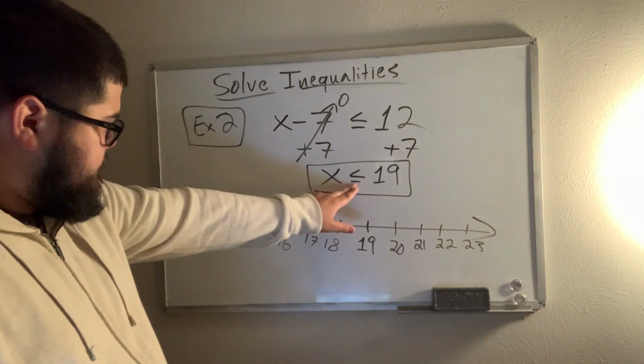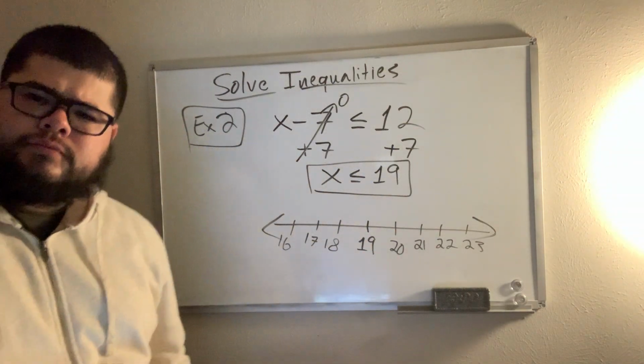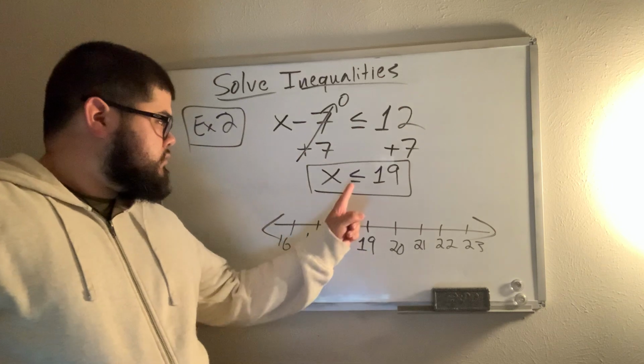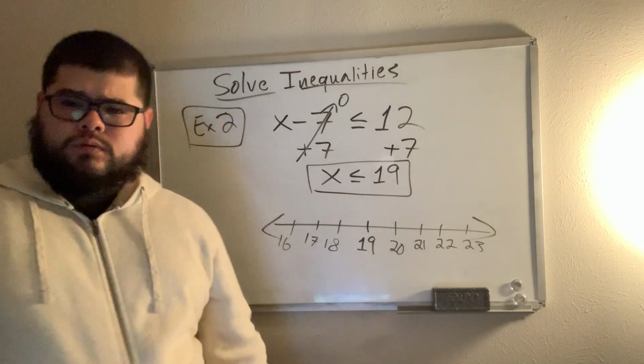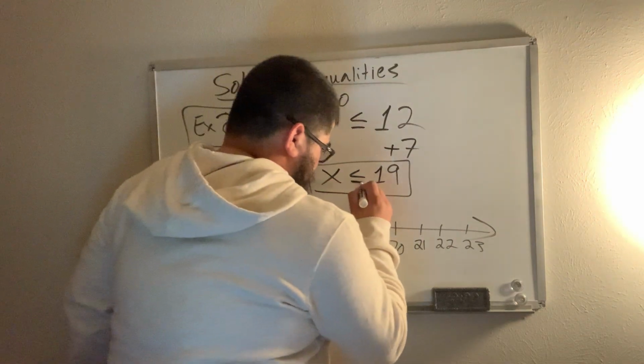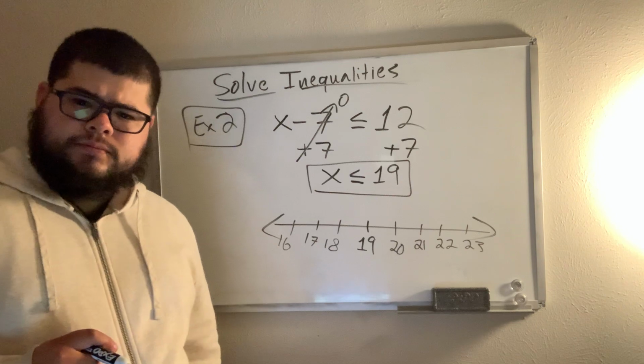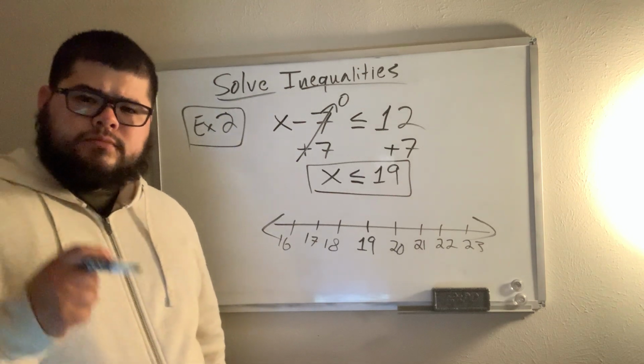Now, look at our symbol. What symbol do we have? Less than or equal to. Does that tell us an open circle or closed circle? Closed, right?